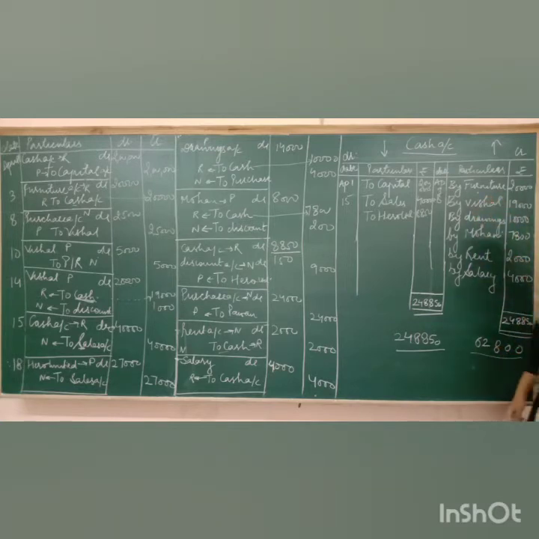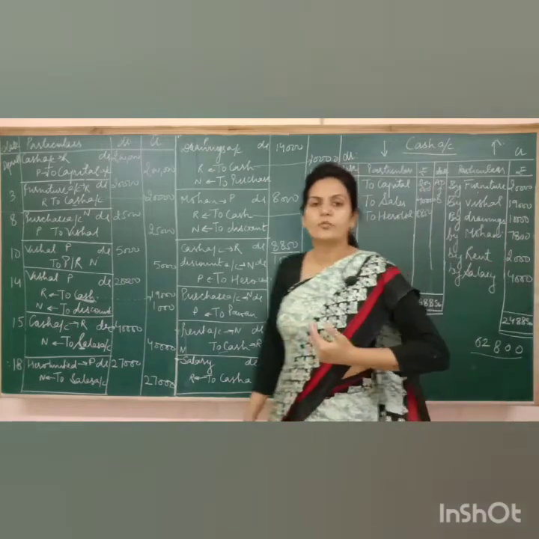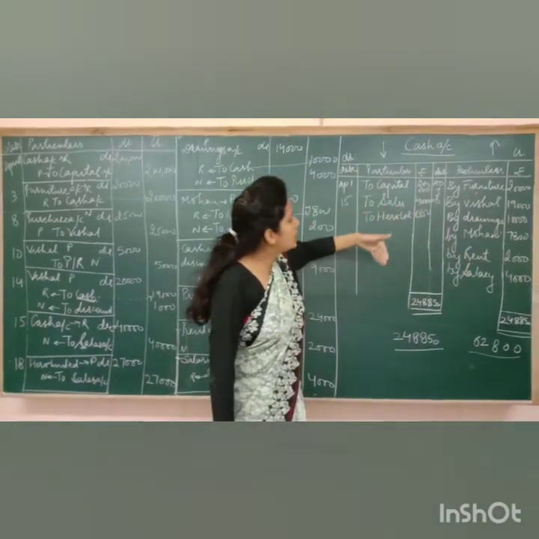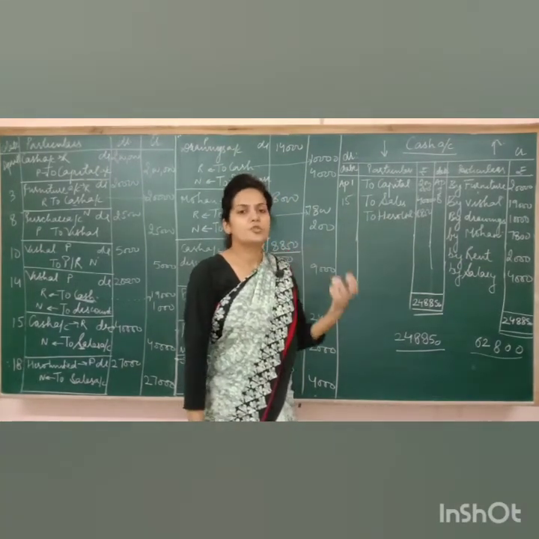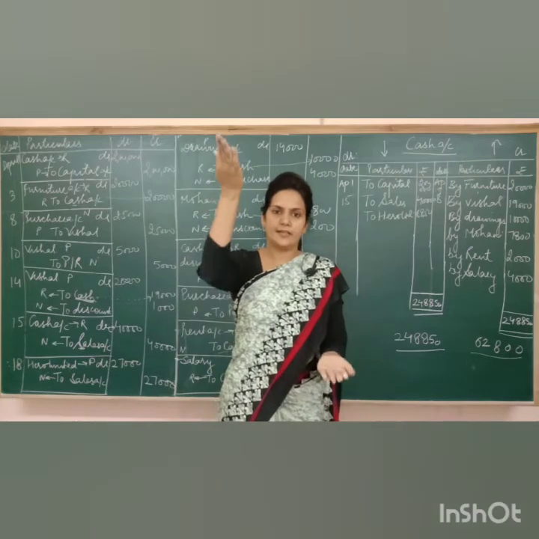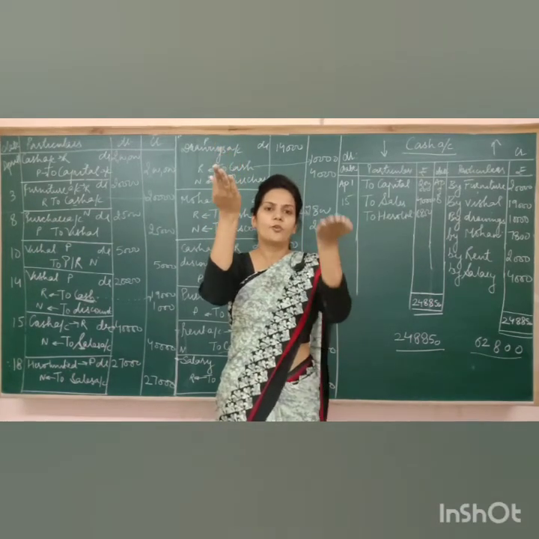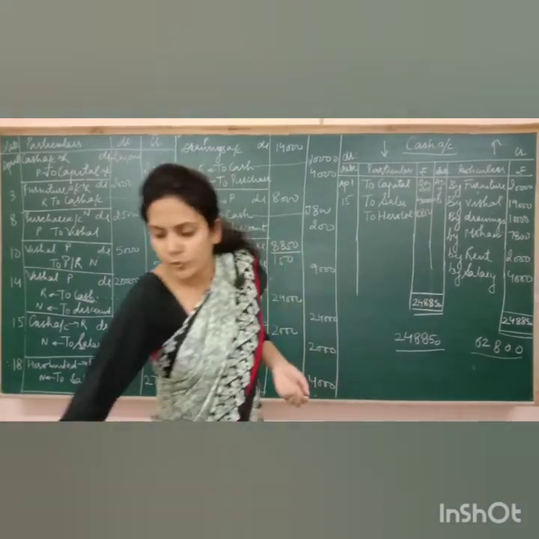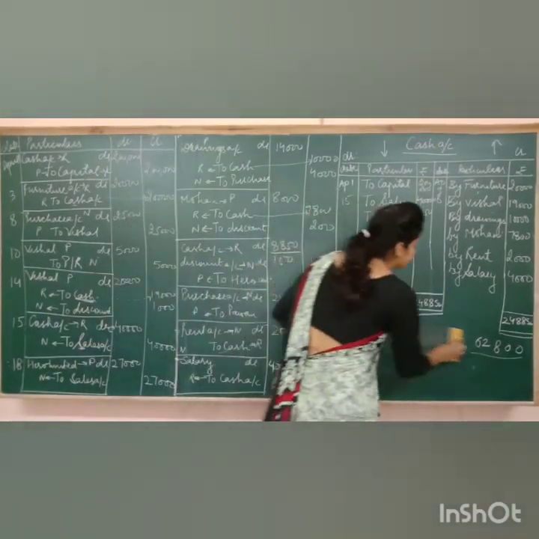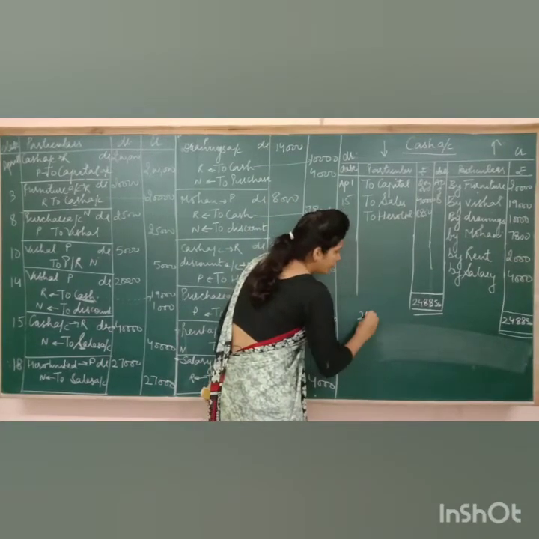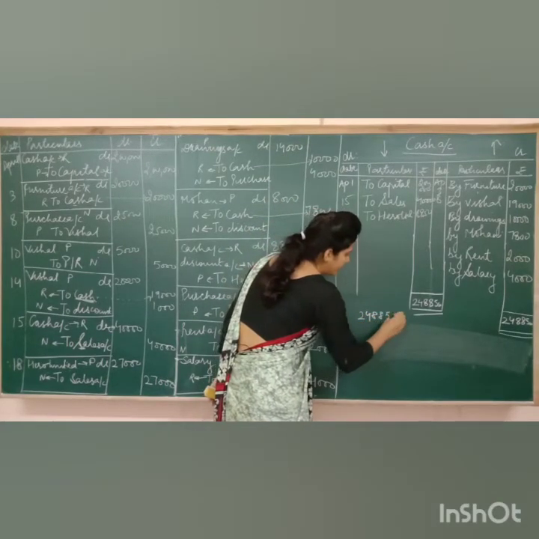So now what we have to do to make them equal, to make credit side equal to debit side, I need to carry down some balance. Debit side is greater, credit is smaller. I want to make them equal. ठीक है? Equal कैसे लेकर आएंगे? How we are going to do that? Check. Debit side is 248,850.